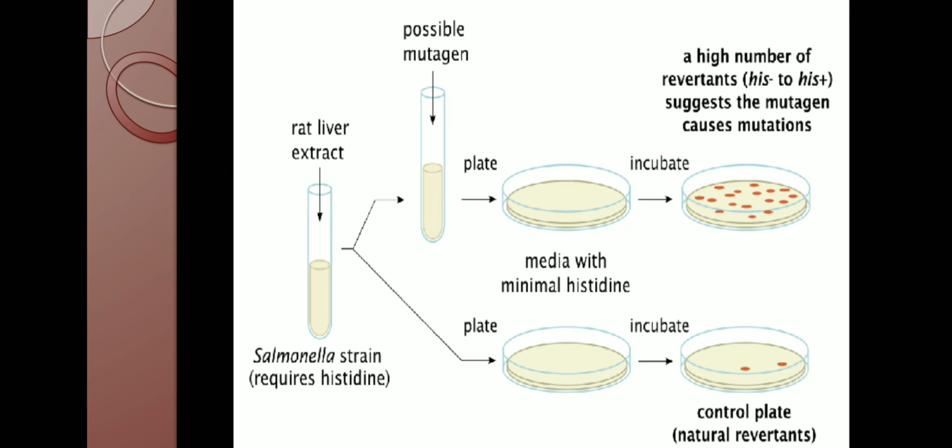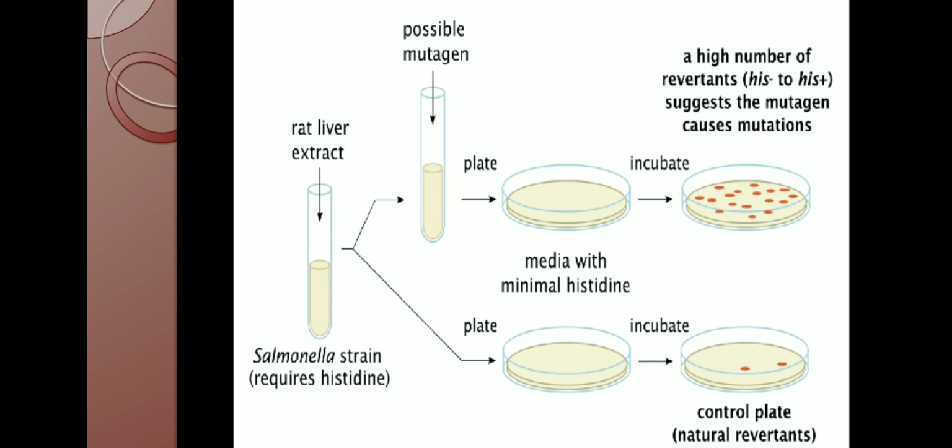But if the chemical compound is mutagenic, what happens? It will mutate the histidine gene. Already we have taken a histidine auxotroph. It cannot produce histidine. The gene is there, but the gene is mutated, so therefore it cannot produce histidine.